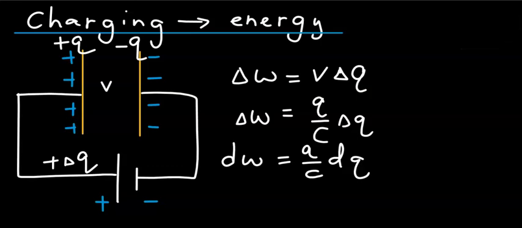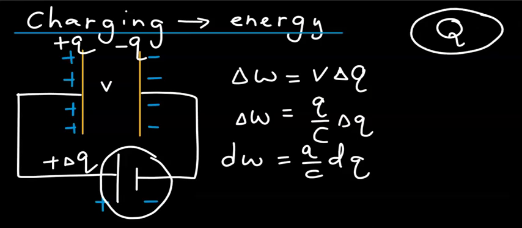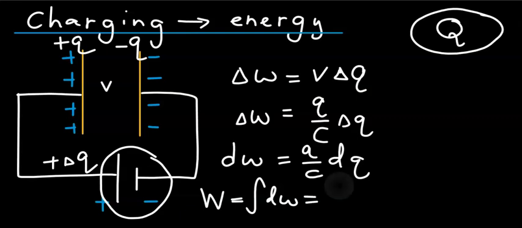Let's assume that when the charging process is completed, the total charge on the plates of the capacitor is capital Q. So the work done by this battery must go on until the plates of the capacitor have this amount of charge on them. So the total work that is needed in order to accomplish this charging process is quite simply the integral of dw, which is the integral of 1 over C q dq.